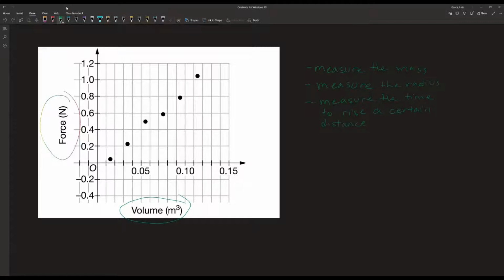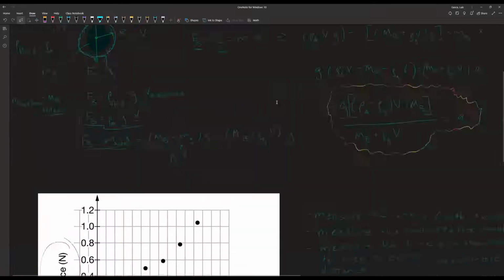Let's see here what else we might need, because we can get the mass of the balloon. Here we could say with a scale, which with a stopwatch. And then again with a meter stick. So something like this. Let me make sure I read the question and address that.